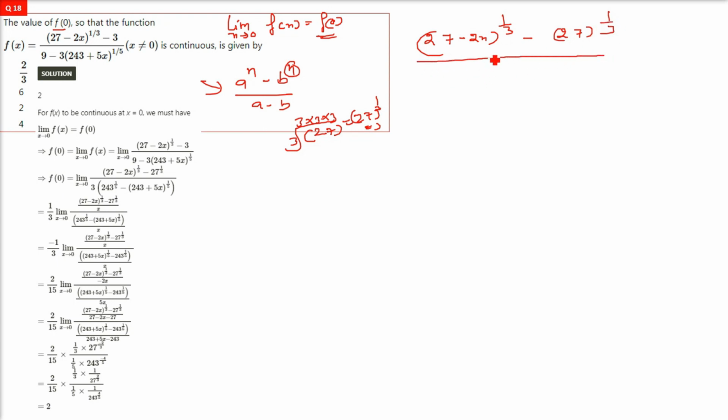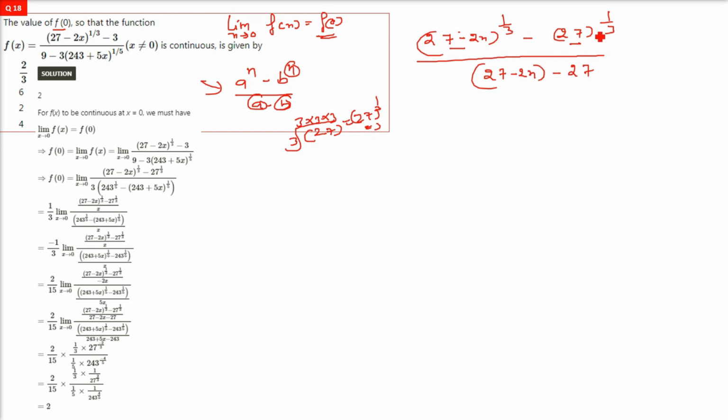Now coming to the denominator, the same thing we are going to do. We have to do a minus b. Since we are taking the numerator this way, we have to introduce a minus b also. Just write this a minus b, that is 27 minus 2x and minus 27. This we have introduced by ourselves. So this is a, this is b.